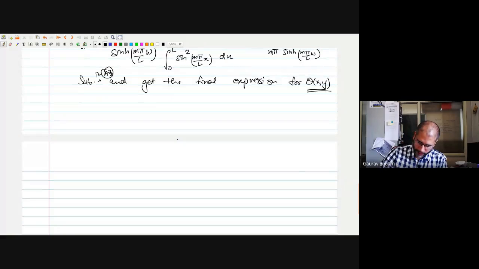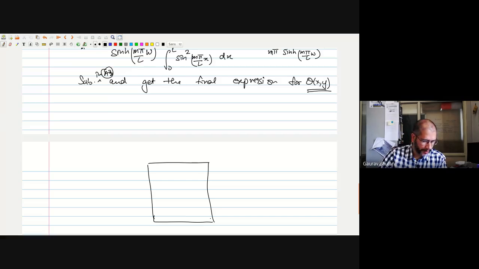let's draw our domain again. Remember that we had our theta equal to 1 here, and theta was 0 on all these three boundaries. So what we'll see is that the heat flows from the top boundary downwards.